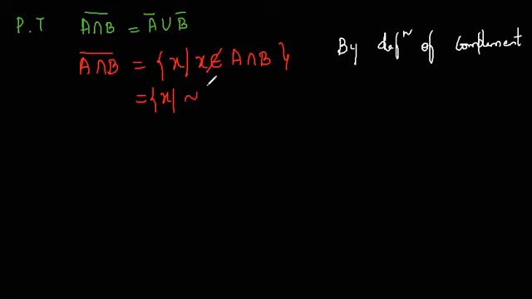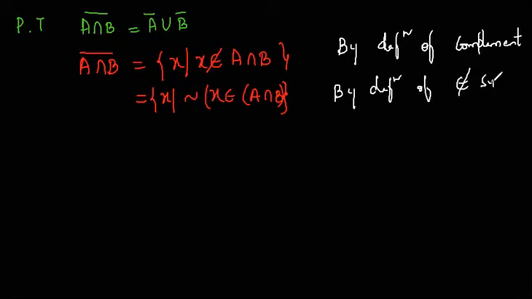So over here, negation of x belongs to A intersection B. For this, we are using the definition of the does not belong symbol; instead of does not belong, we can always use negation.